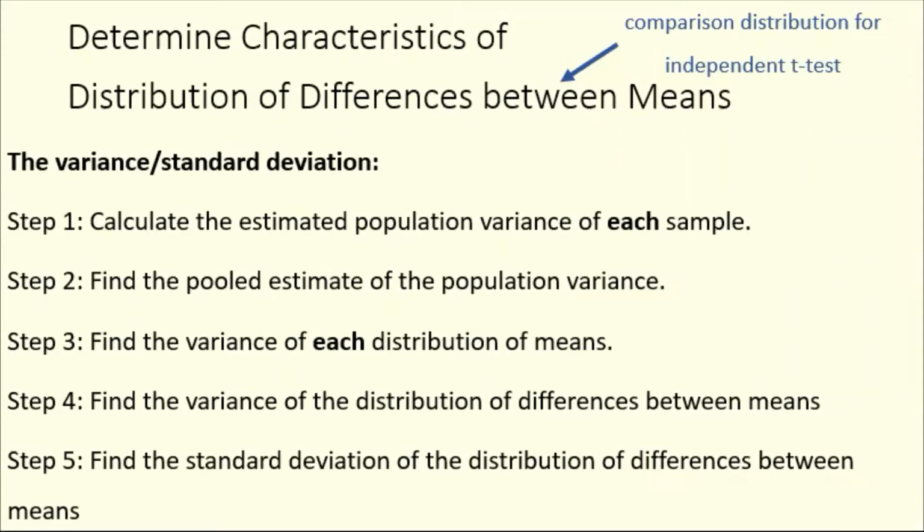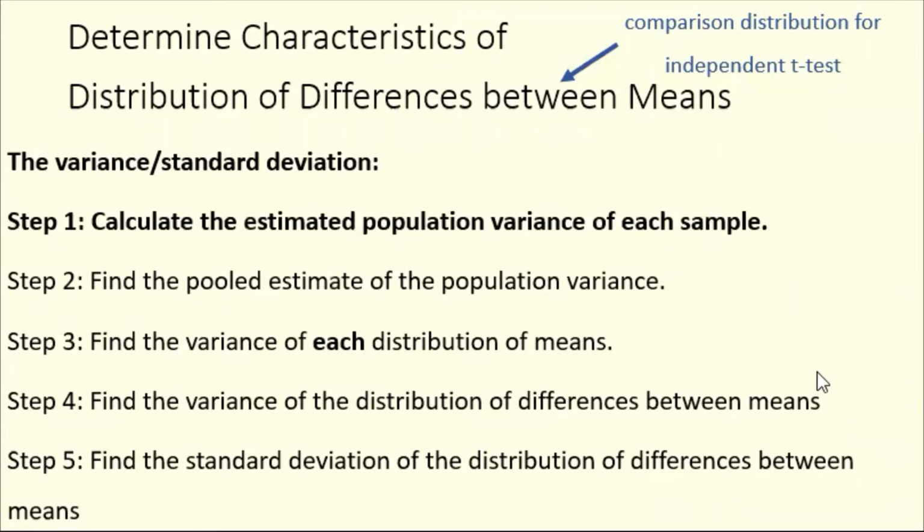Moving on to our variance, we know that our first step is going to be to calculate the estimated population variance of each sample. We calculated estimated population variance in our dependent t-test procedure, so we know how to do this already. We have 2 of them to do now, so that's a little bit more involved, unless you're given that information in the problem, which you sometimes might be.